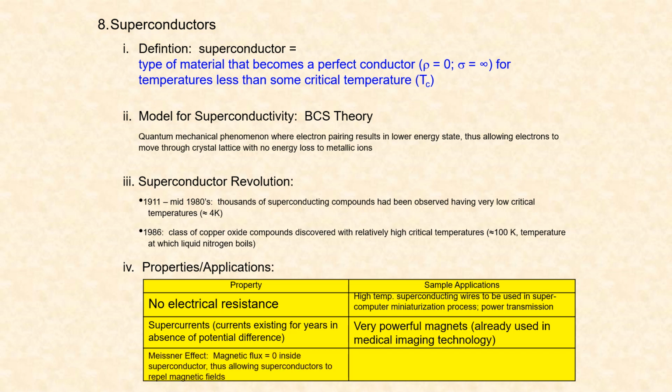And the Meissner effect, this is a property of superconductors that we will talk about later on in the course. We will try to explain it when we talk about electromagnetic induction, but they have this very strange property that superconductors repel magnetic fields. The magnetic flux is zero inside a superconductor, thus allowing superconductors to repel magnetic fields.